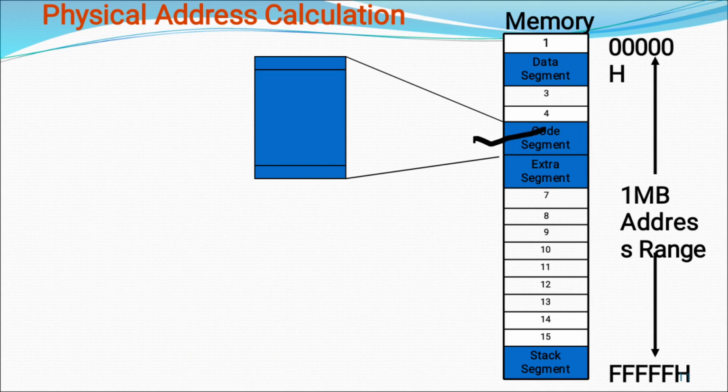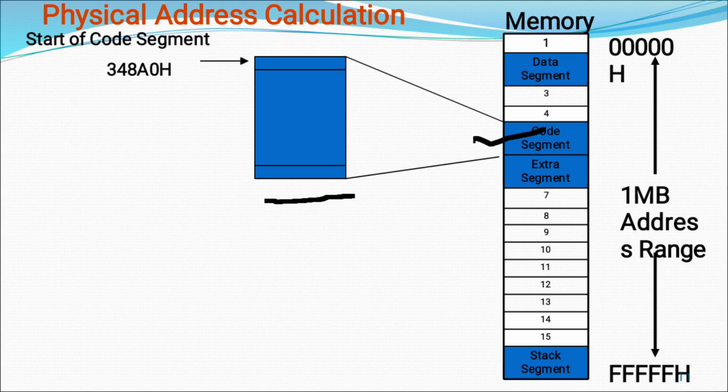So this is the code segment. Here this is an extracted version of the code segment. And 348A0 is the starting address of the code segment. So the content of the code segment register will be 348A.